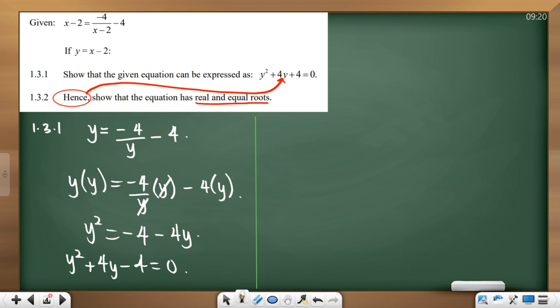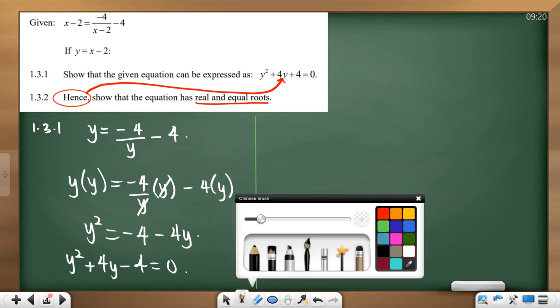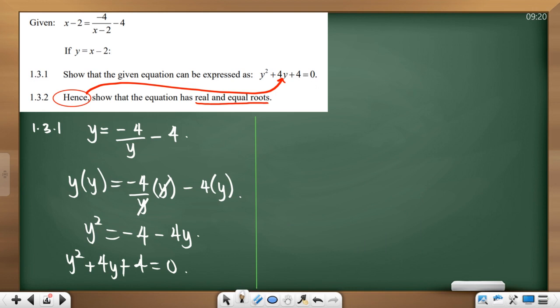Show that the equation, do you remember the condition for real and equal? Don't forget, for it to be real and equal, our discriminant must be equal to 0.